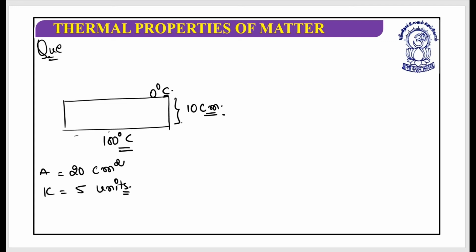in SI units. I hope this is clear. So what they want is that let's suppose we have put a slab of ice, which has a mass of 30 gram.